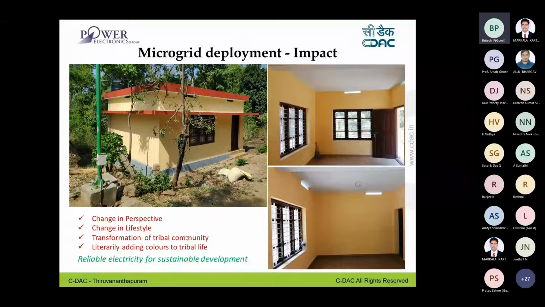Their community is transforming slowly, and also during the COVID time, they used this electricity for their online studies. So there is a direct social impact for such off-grid microgrids.